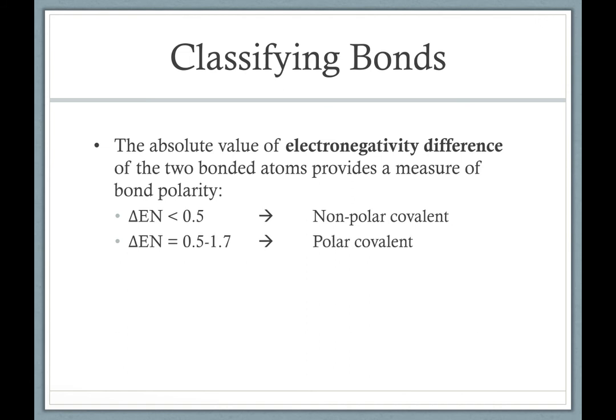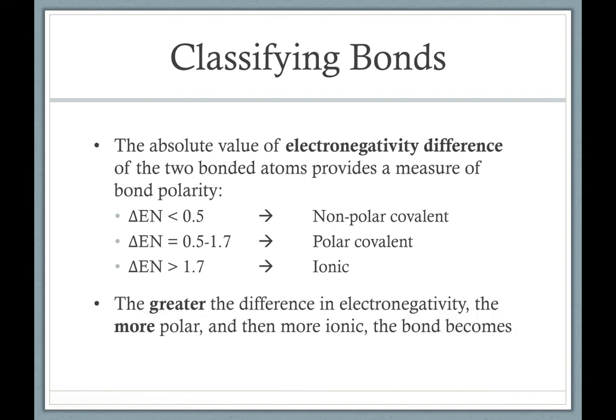If we get a difference between 0.5 and 1.7, it will be classified as a polar covalent bond. If we get a difference of greater than 1.7, we're going to classify it as an ionic bond. The greater the difference in electronegativity, the more polar and then the more ionic the bond becomes. So the bigger the number, the more charge buildup that we're going to have.